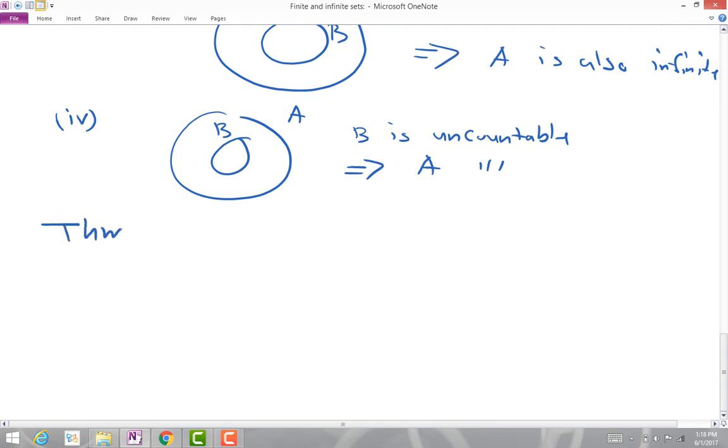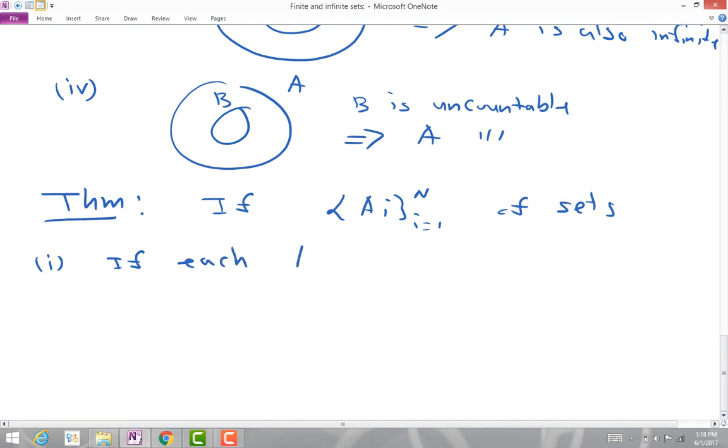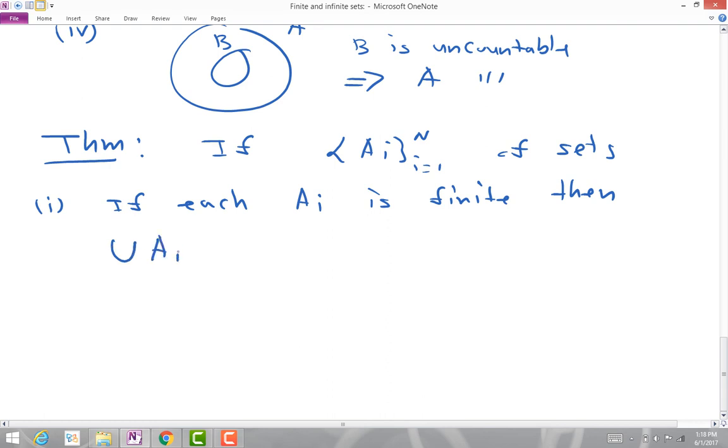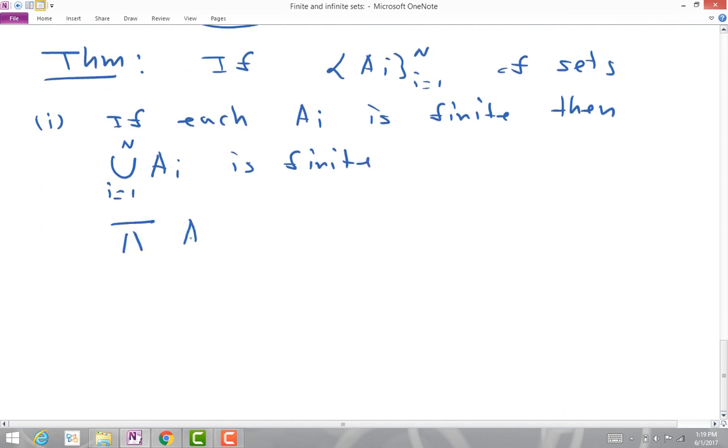And then we have this theorem that says if you have a finite sequence of sets, and each of these sets is finite, then the union of these sets, which I can write as the union of A_i from i = 1 to n, is finite, and the Cartesian product, which we can denote by the product of A_i from i = 1 to n, is finite.